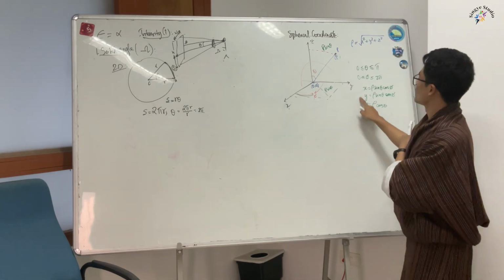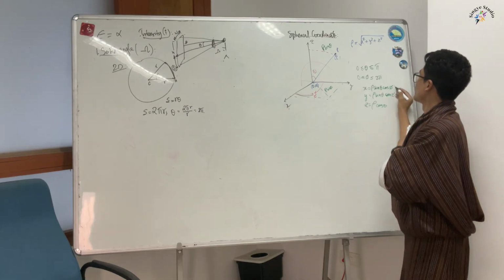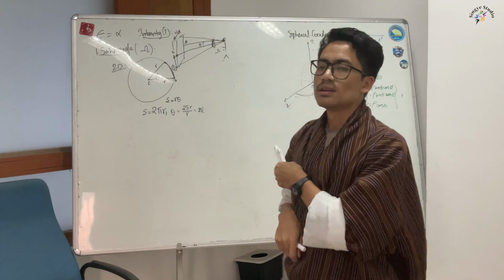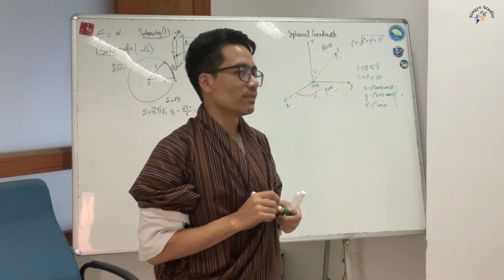So if you square all this, then you will be able to get this as rho. And this is how your spherical coordinate is defined.